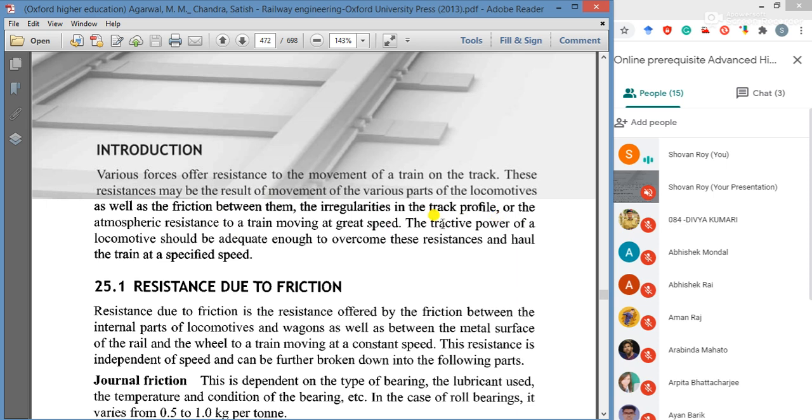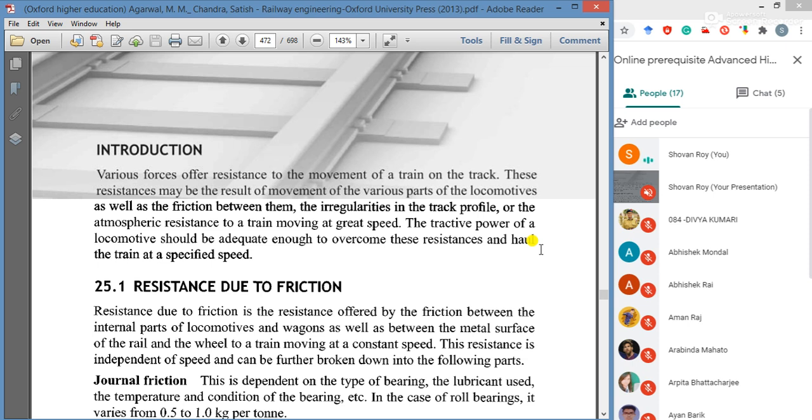The tractive power of a locomotive should be adequate to overcome these resistances and haul the train at a specified speed. Haul means pulling. The pulling of the locomotive is important to us, because if the engine can't pull the train properly, our aim to complete the operation is not met.